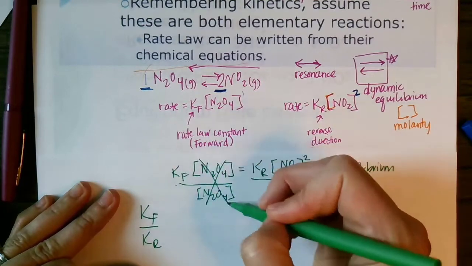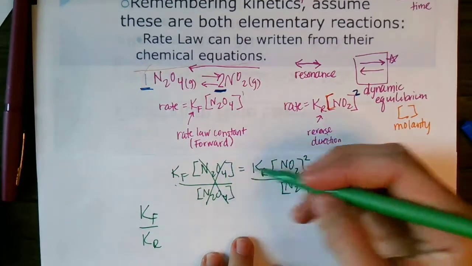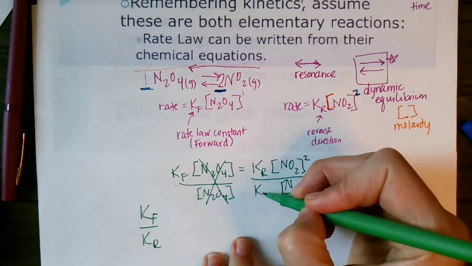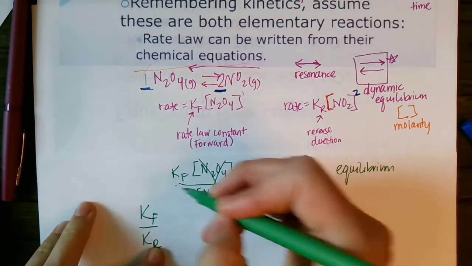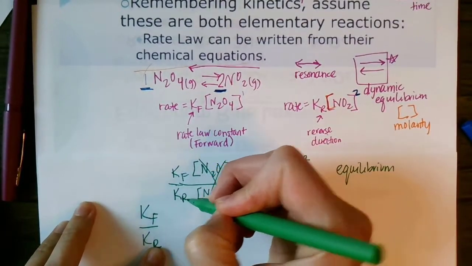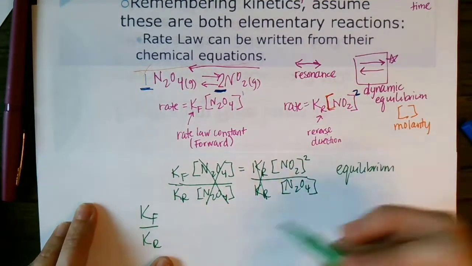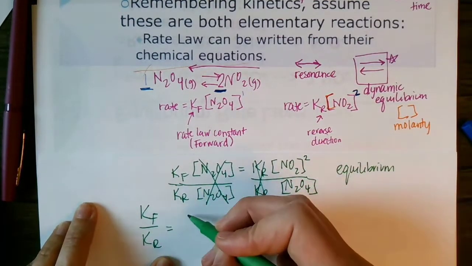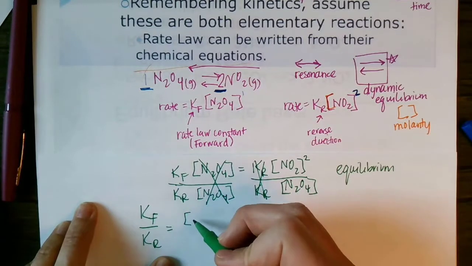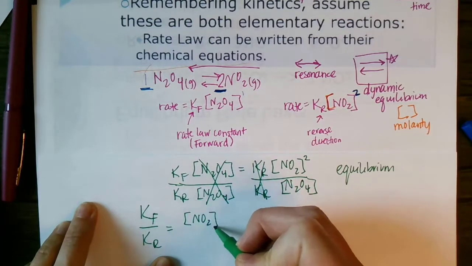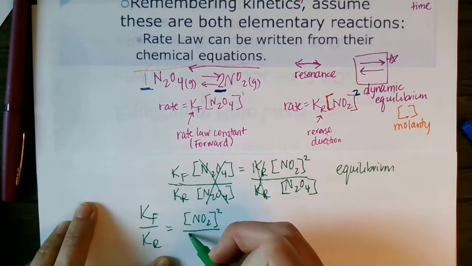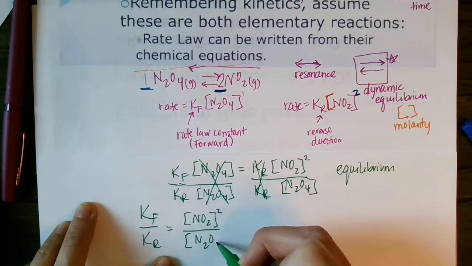That'll get rid of that. Then I'm going to divide both sides by Kr to get rid of Kr on the right. That leaves me with a concentration of NO2 squared over N2O4.